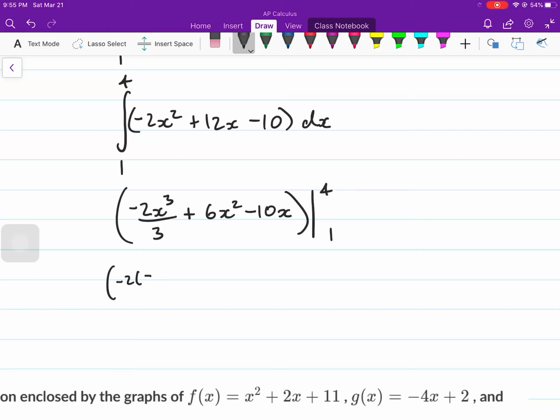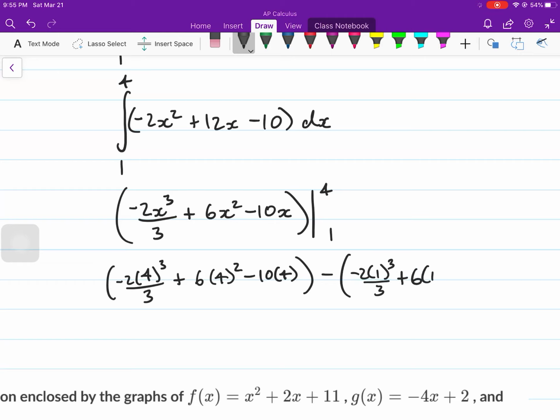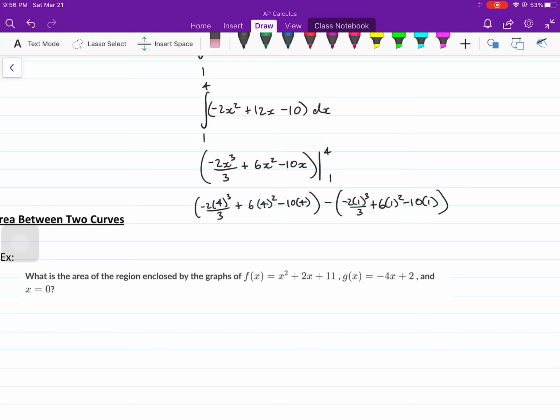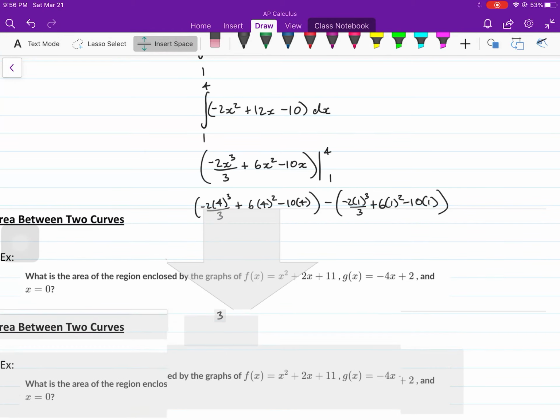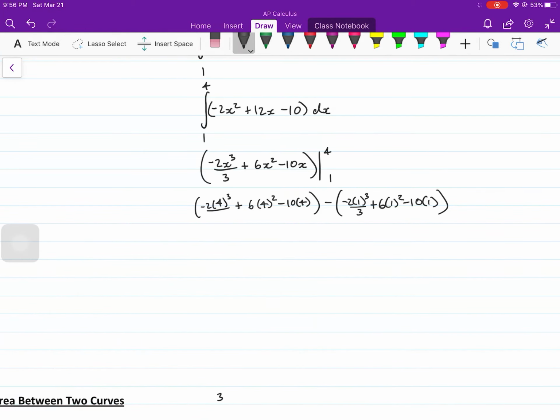And so from there you'll have negative 2 times 4 cubed over 3 plus 6 times 4 squared minus 10 times 4, minus negative 2 times 1 cubed over 3 plus 6 times 1 squared minus 10 times 1. Let me give us a lot more space here. Oops, took the 3 with it. Bring it back.